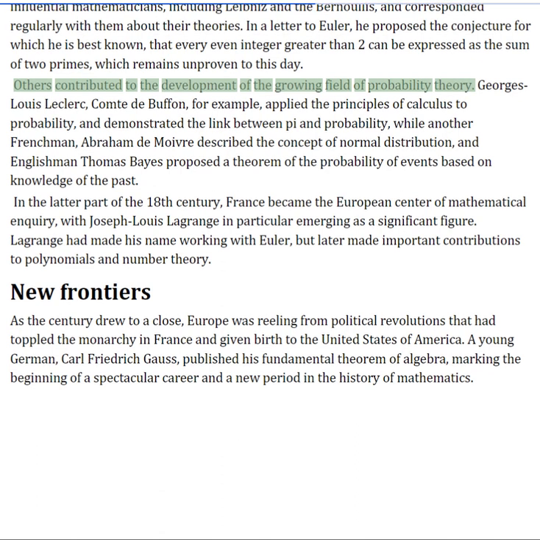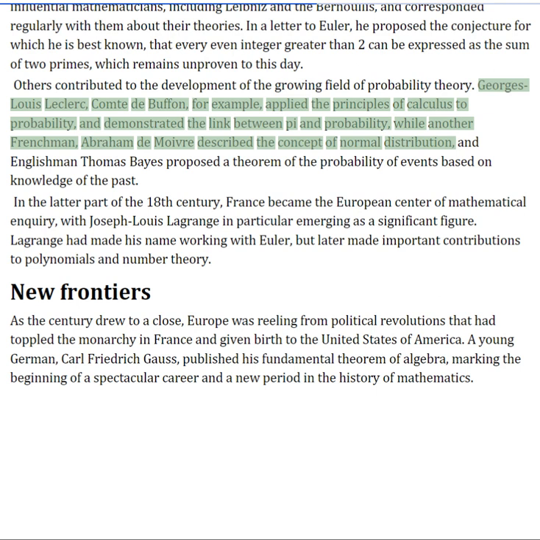Others contributed to the development of the growing field of probability theory. Georges-Louis Leclerc, Comte de Buffon, for example, applied the principles of calculus to probability, and demonstrated the link between pi and probability, while another Frenchman, Abraham de Moivre, described the concept of normal distribution.